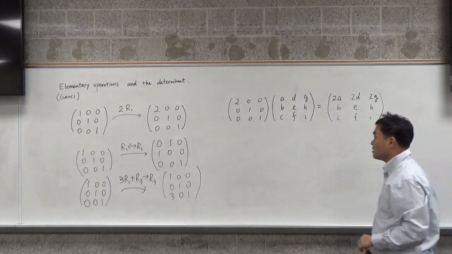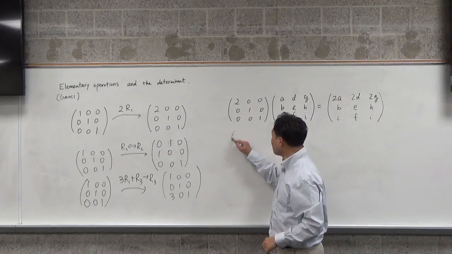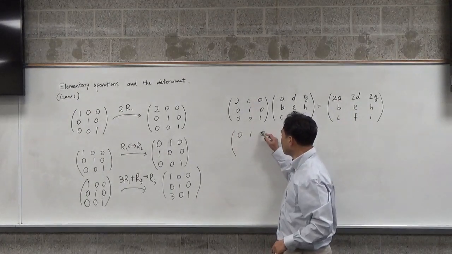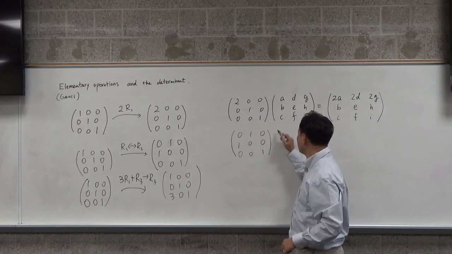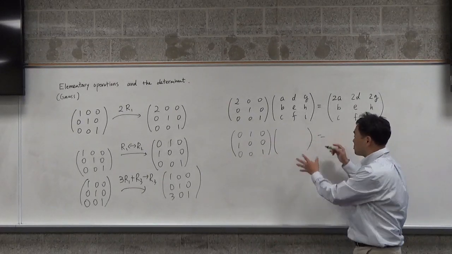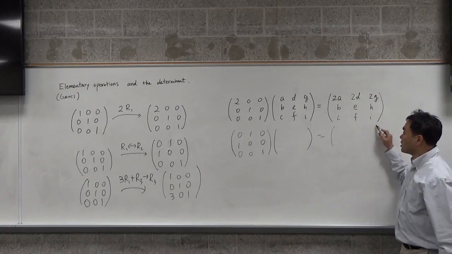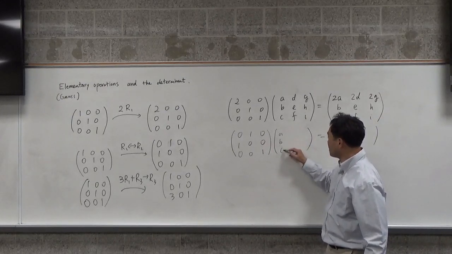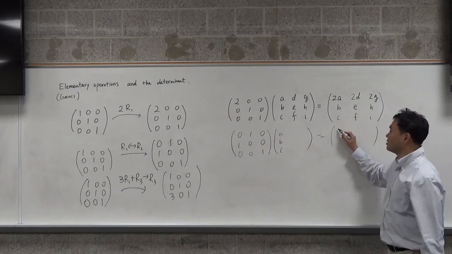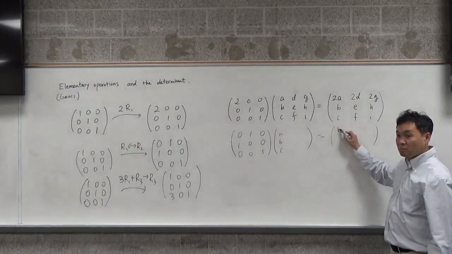Okay. Now let's see what happens if I multiply 0, 1, 0, 1, 0, 0, 0, 0, 1 to the same thing. I'm not going to write this. What would you get? If you do this times ABC, what do you get? B, right?